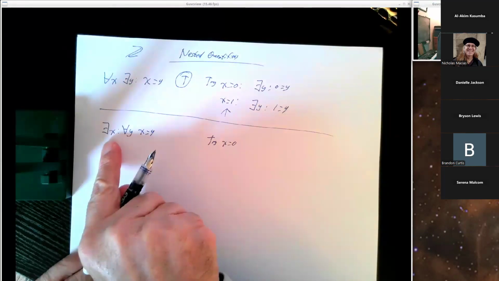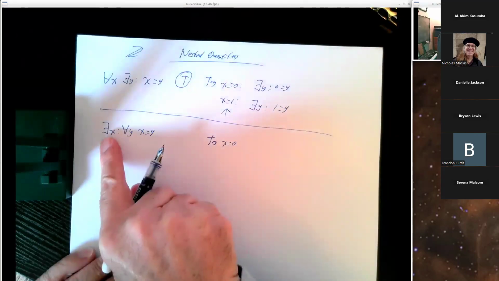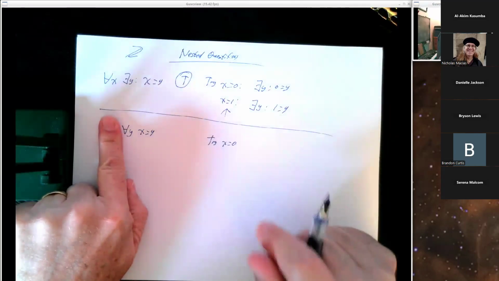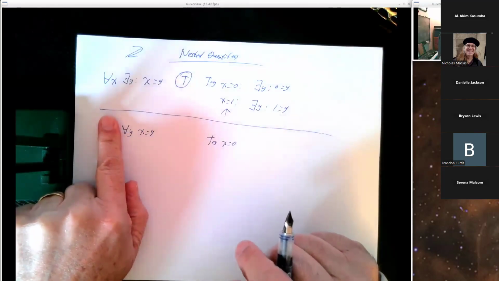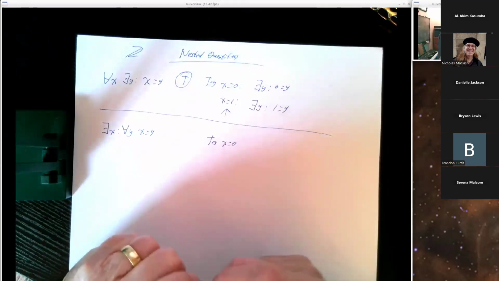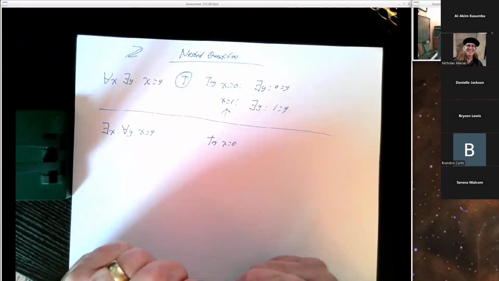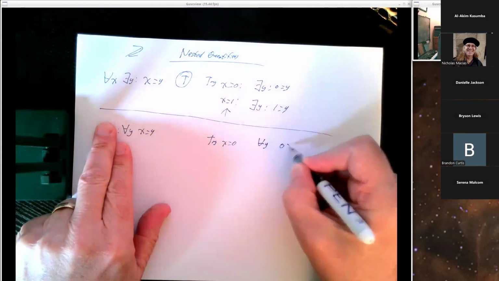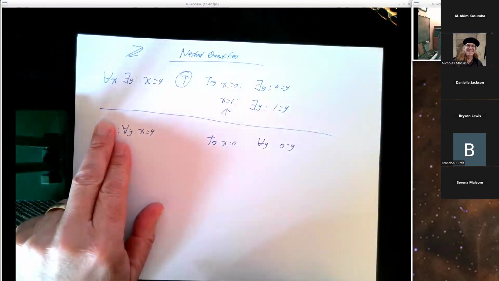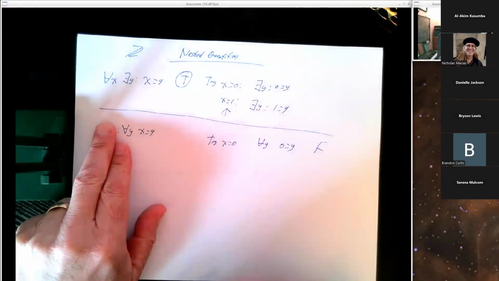Now I only need to find one x where this is true. What does this expression say? All y must be 0. For all y, 0 is equal to y. And that's not true, right? 2 is not equal to 0.